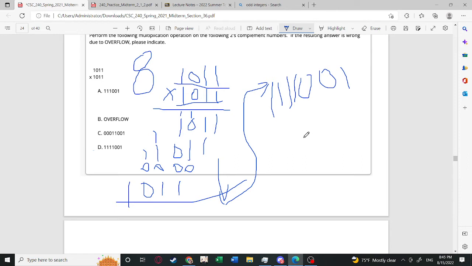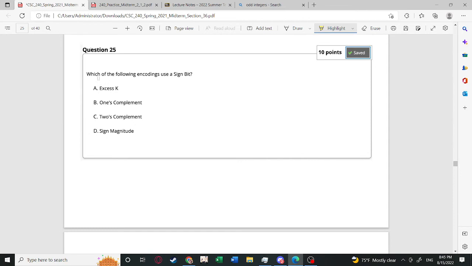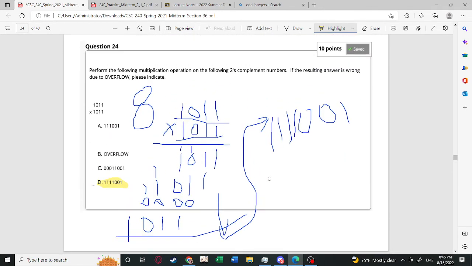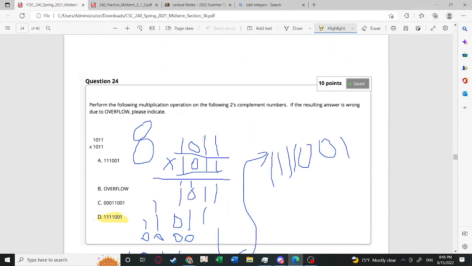You're just under 8, so that is fine, and this is a sign bit. Here, I'm sorry to interrupt you. So you use overflow when it goes over 3 bits? Yes, because this is a multiplication one. It doubles the number of bits you have. Gotcha. Thank you.